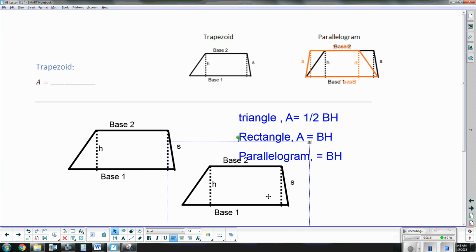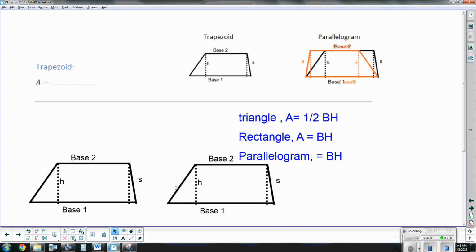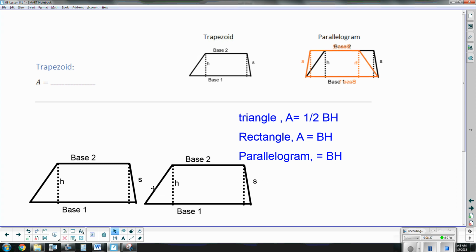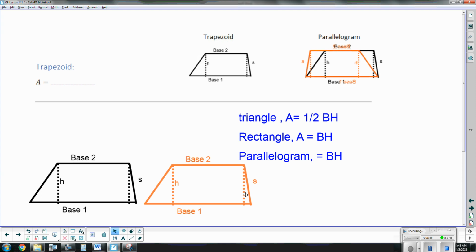And you can do this in your notebook. If you draw a trapezoid and then duplicate that trapezoid, so trace it or draw two trapezoids that are exactly the same, and then if you cut them out, try to rearrange that so that it looks like a parallelogram.